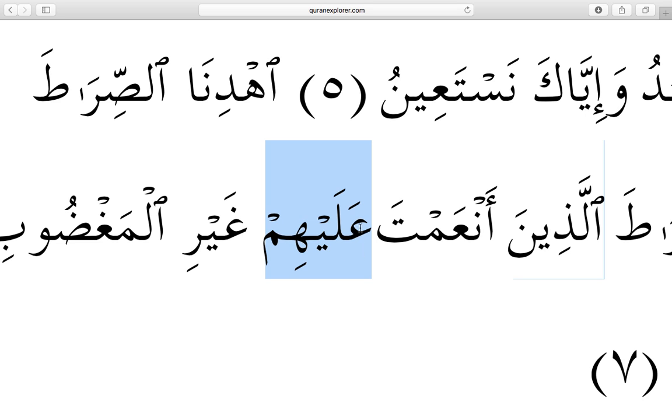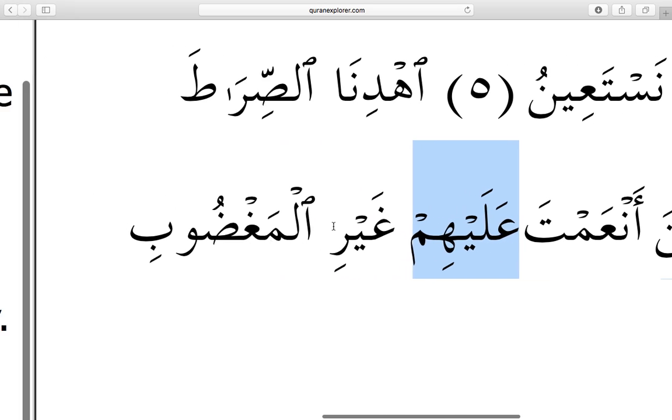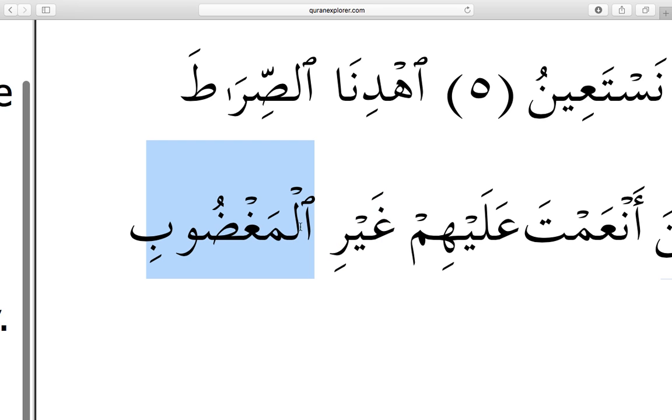The letters are ain, lam, ya, ha, mim. This word is غير. The letters are ghain, ya, ra. This word is المغضوب. The letters are alif, lam, mim, ghain, dad, wa, ba.